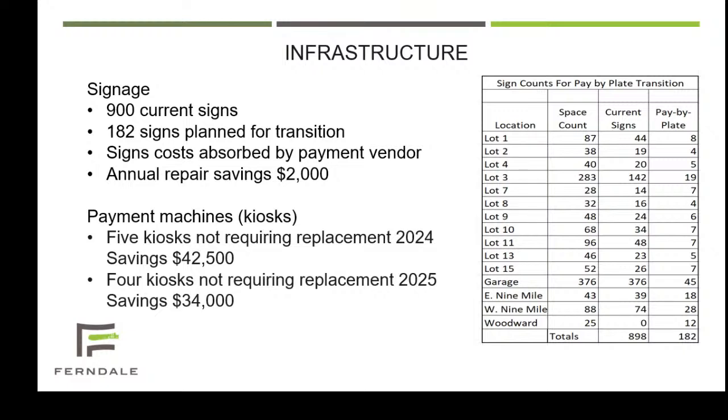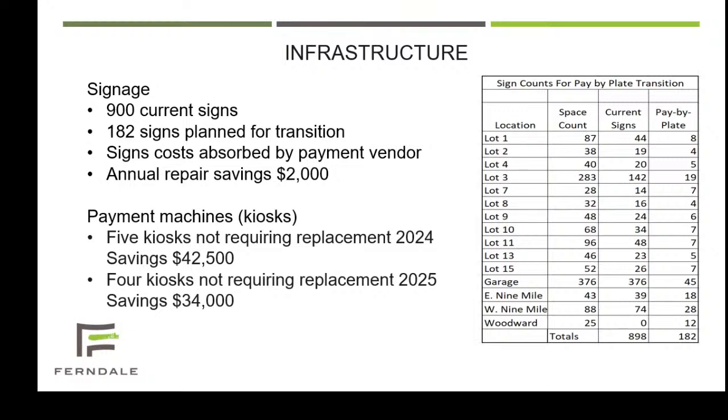It's hard to estimate the exact cost, but we think approximately $2,000 in annual repairs for signs. Those aren't for new signs. Those are for signs that are already up. And then, as I mentioned previously, we think we'll be able to reduce our hardware, our kiosk infrastructure, by those numbers in 2024 and 2025.